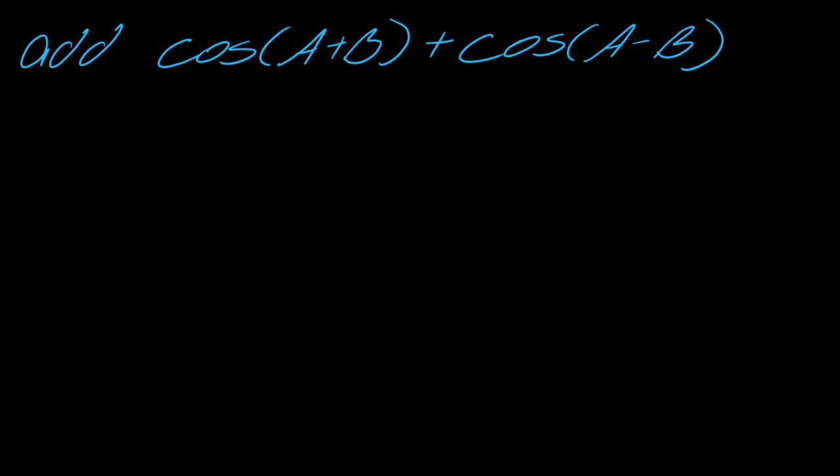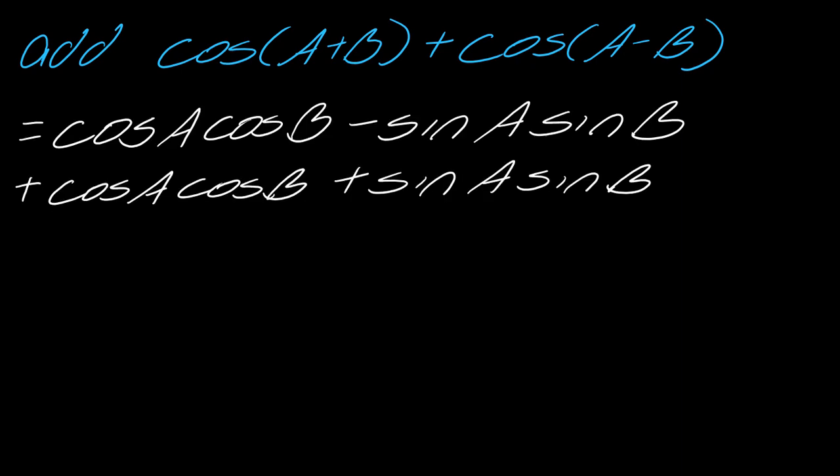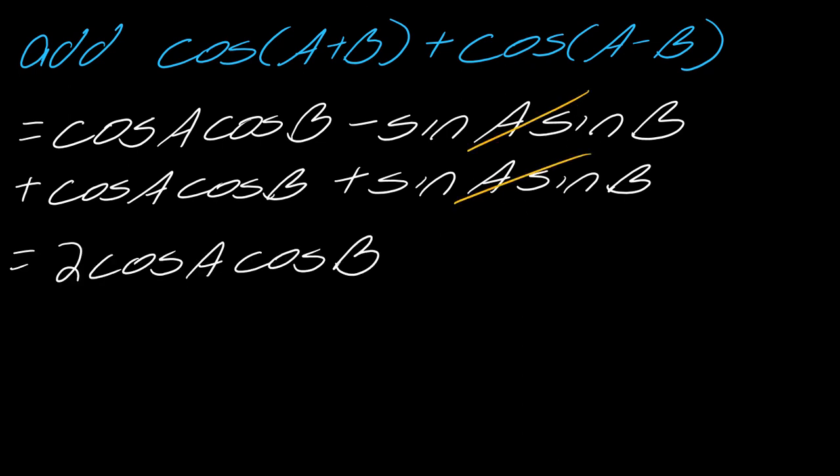Okay, so really the way that these identities work is you add some of the other identities that we've talked about in other videos. So like cosine of a plus b plus cosine of a minus b. If I just straight up take those identities and add them, you see what happens, right? These actually cancel out. So then I'm left with 2 cosine a cosine b.